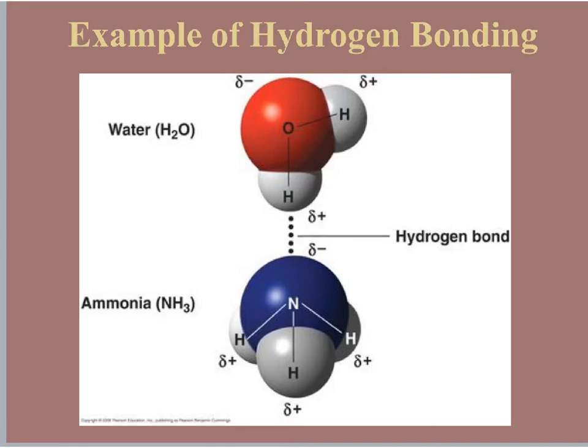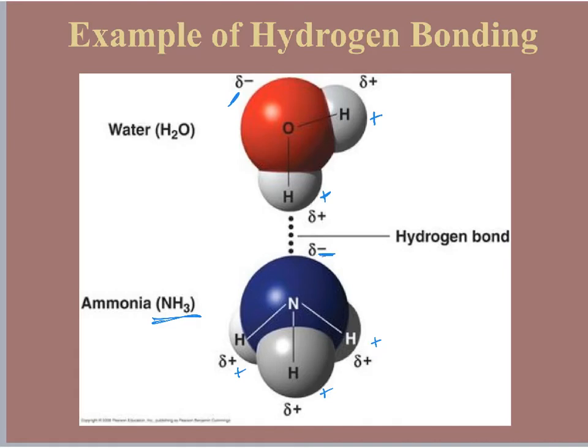Let me show you here. So here's water, and remember that the hydrogen ends of water are going to be slightly positive, and the oxygen end is going to be slightly negative. Another example of a molecule with polar covalent bonds is ammonia, where it's got 3 hydrogen atoms bonded to it, and then the big nitrogen is very electronegative.